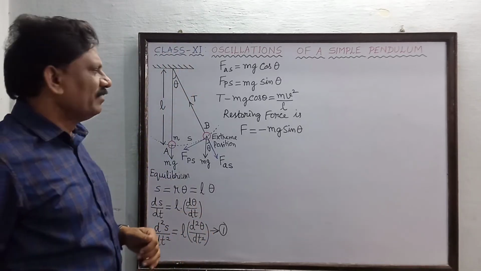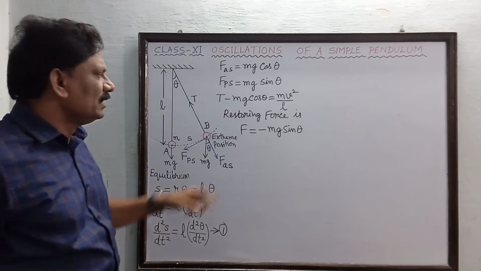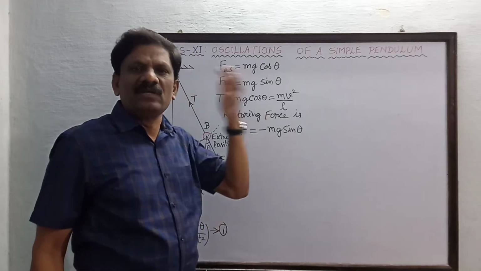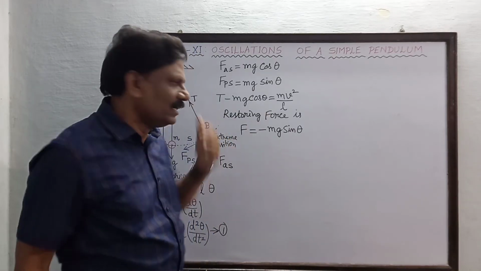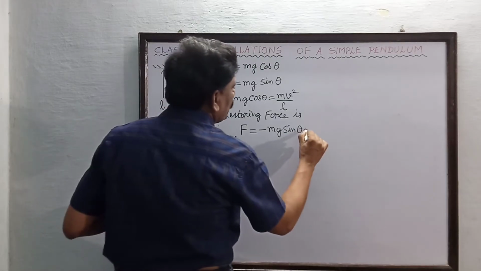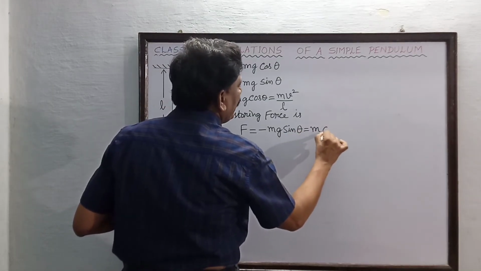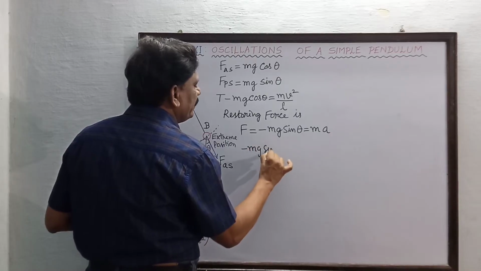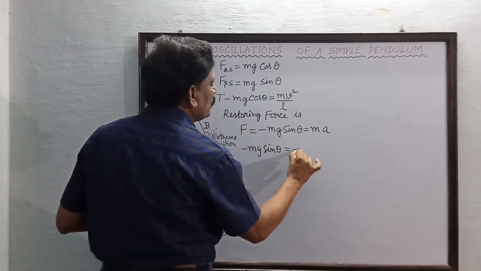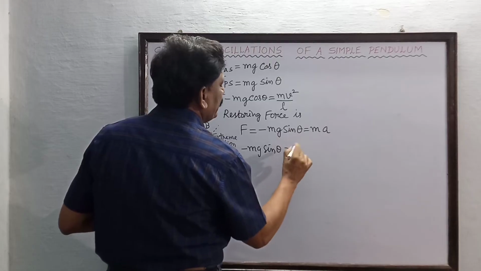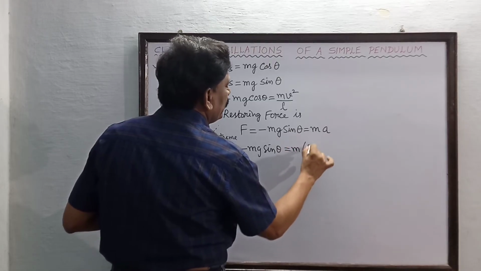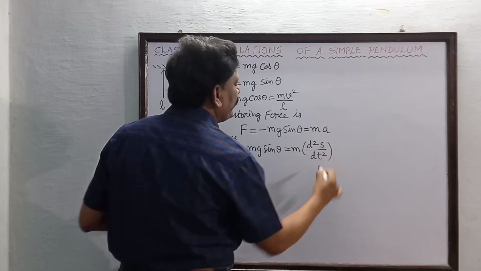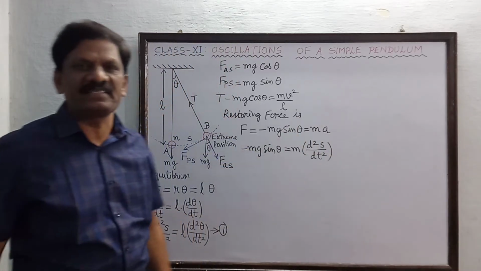By the definition of SHM, this must be equal to mass into acceleration of the system, is it not? So minus mg sin theta is equal to m into d square s by dt square. The second derivative of the displacement is called the acceleration.